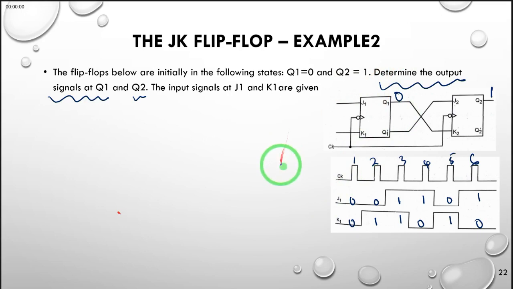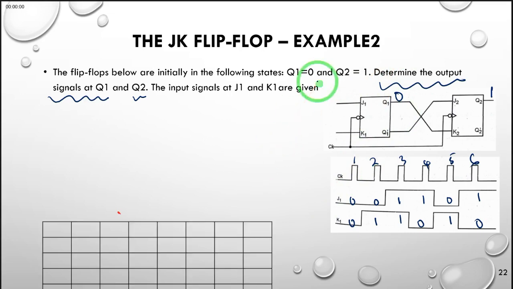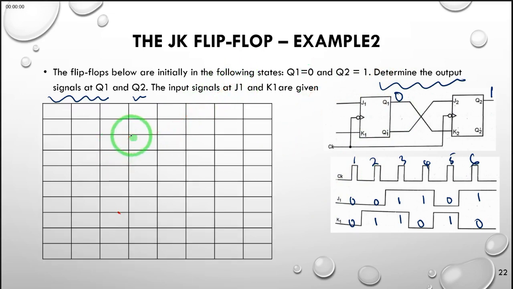So we are going to draw the same state table like we have drawn in the previous examples, and what we need to know is that we always start with the clock pulse, moving from 0. We want the output signals, and therefore we consider the 6 clock pulses that we are given.